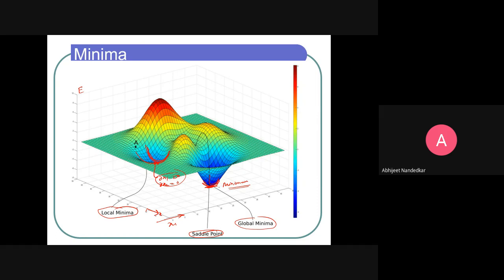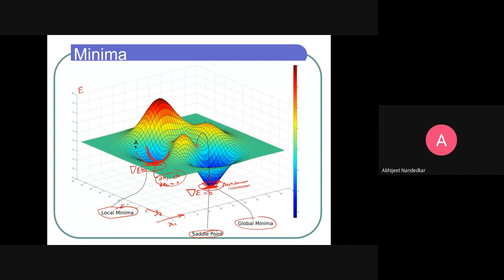So what is global minima? If I compare these 2 points where gradients are 0, then you will see that energy here is minimum, compared to that the energy here is higher. So we call this point global minima and this point local minima. The condition is that your gradient must be 0. So at both points the gradients are 0.